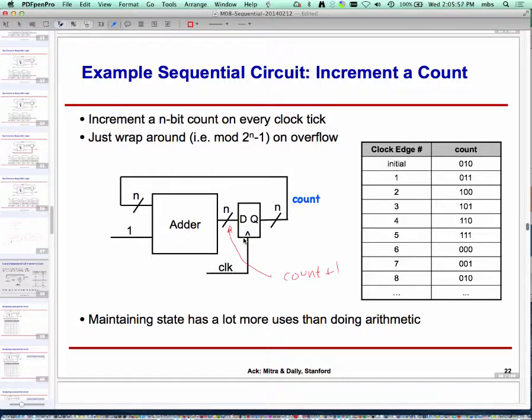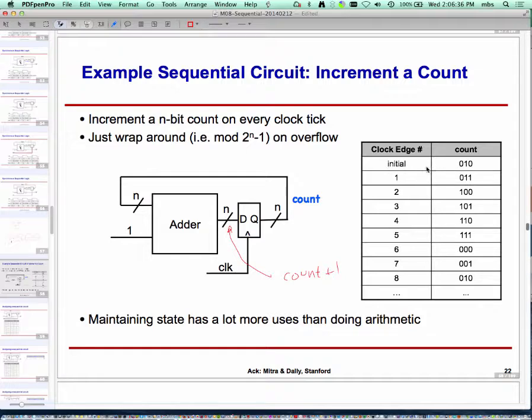The state of a system is nothing but the information stored in the memory, because that's all that we remember about the past. So the relevant part of the history corresponds to the number of clock cycles that have passed modulo 2 to the power n, because we have an n-bit flip-flop.